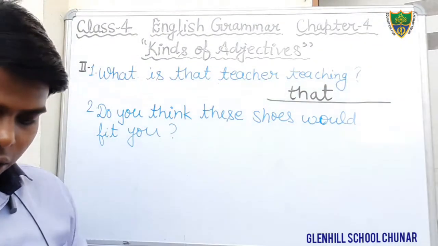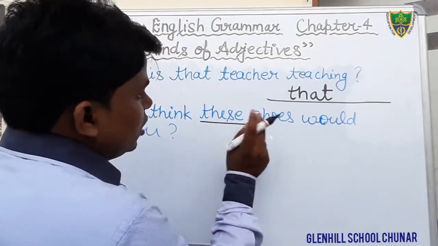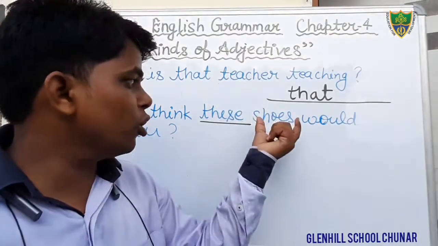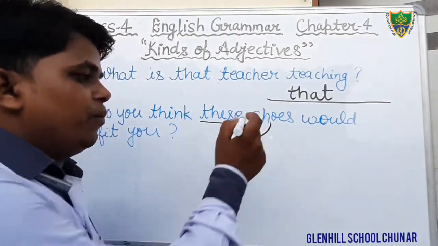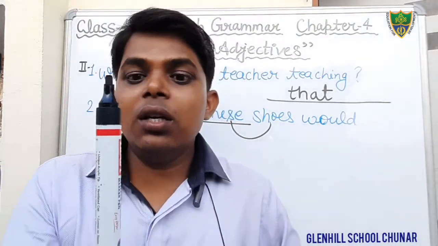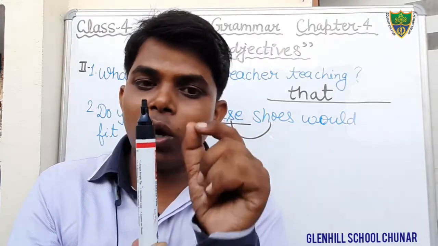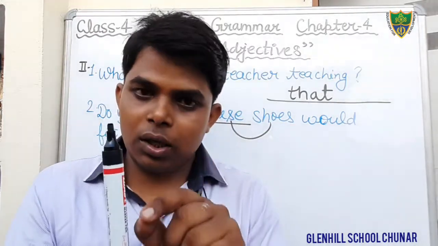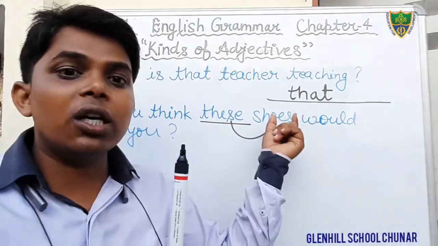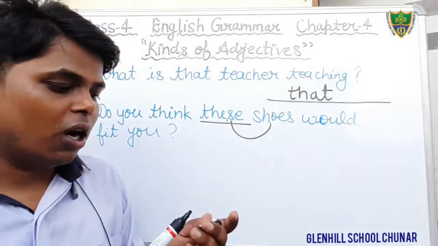Here the word these is used to denote the shoes. For example, as we say this marker, here the word this is a demonstrative pronoun because we are using the word this to show the marker. In the same way, here the word these is used to show the shoes. Therefore, that is a demonstrative adjective.